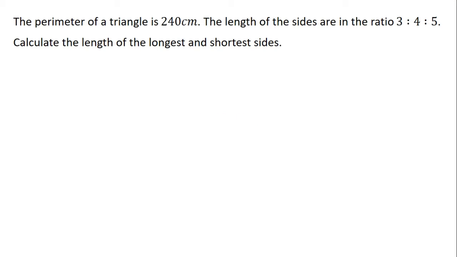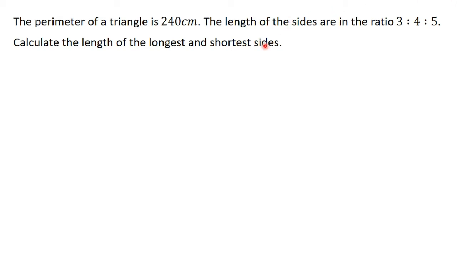The question for this video is: the perimeter of a triangle is 240 centimeters. The length of the sides are in the ratio 3:4:5. Find the length of the longest and shortest sides.